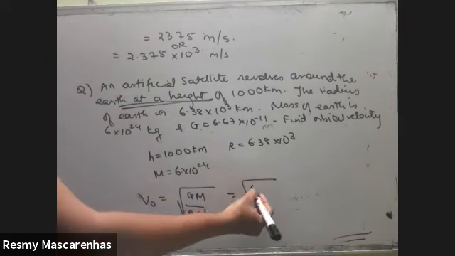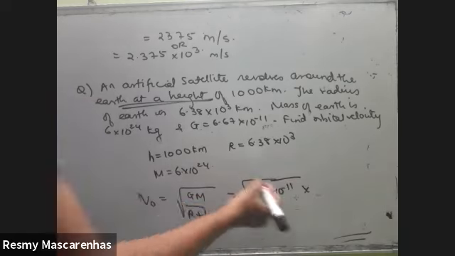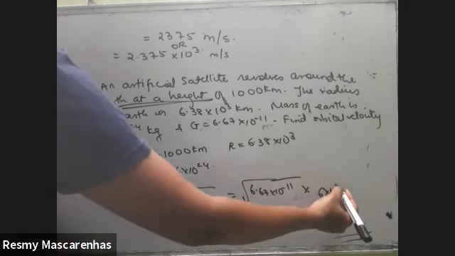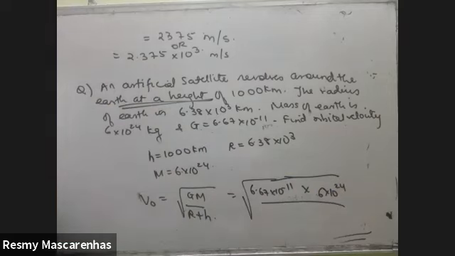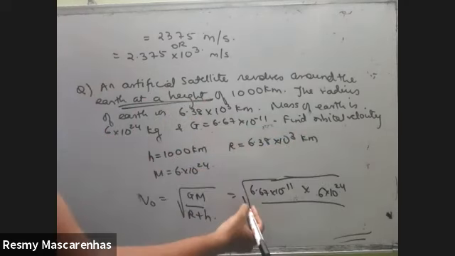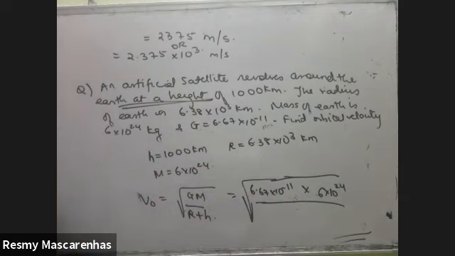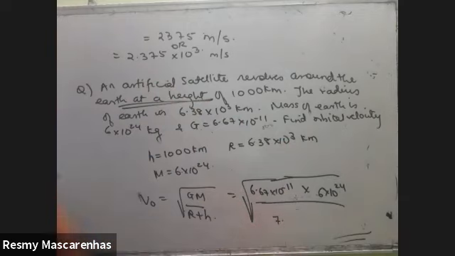So G is 6.67 into 10 raised to minus 11. M is 6 into 10 raised to 24. Both are in terms of kilometers, no? So that will be 7 point.